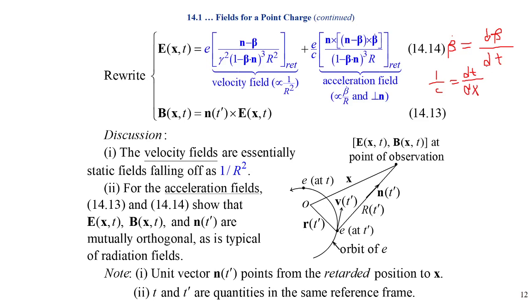That's the speed of light. So dt cancels with this one, so it's beta over separation. So these two have the same dimension.